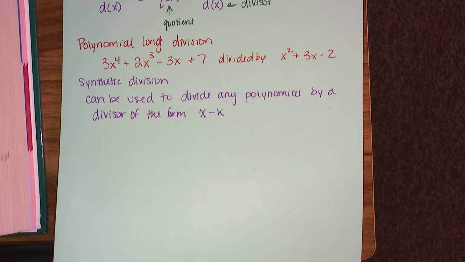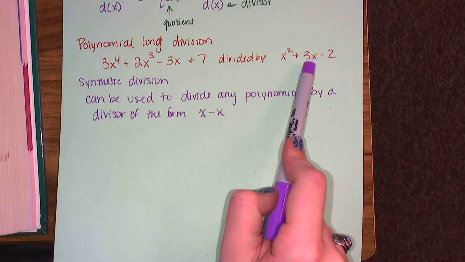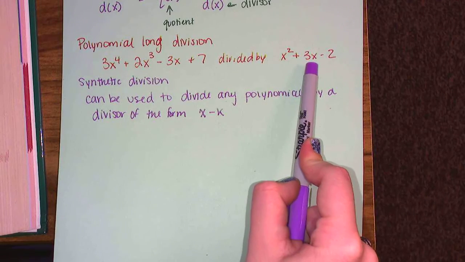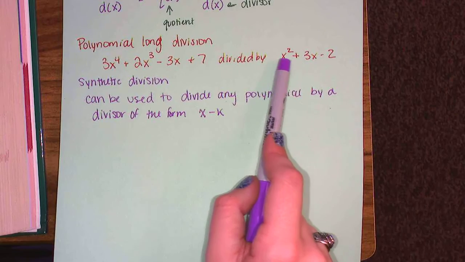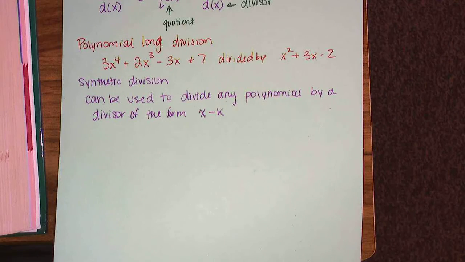Okay, so we have to use long division when we have things bigger than just like x minus 2. So if there's any number in front of the x and any power greater than that, we can't use synthetic division. It has to be in the form x minus k.